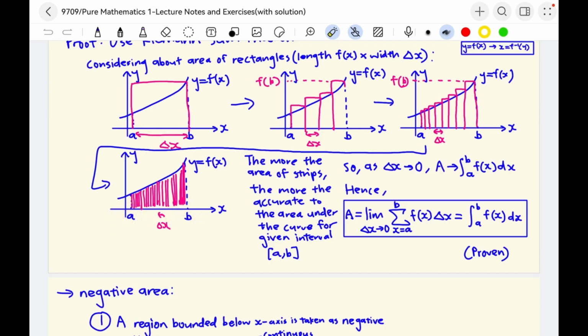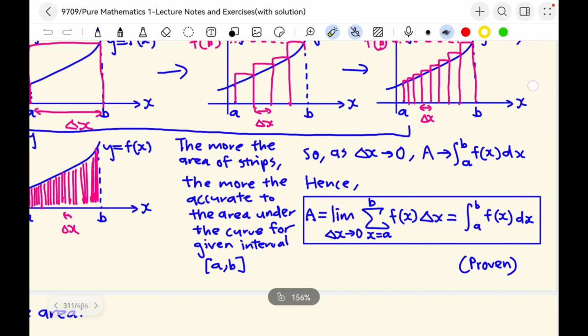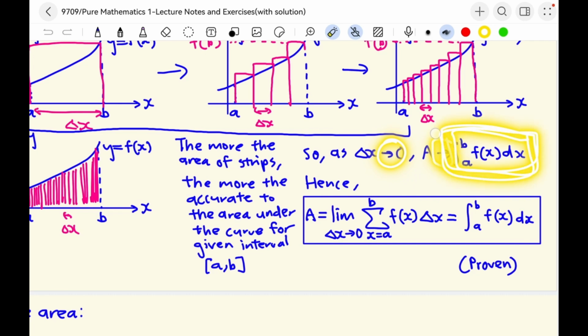So see over here. As the width of each strip, delta x, approaches 0, the area under the curve approaches the exact integration of f(x) from a to b.